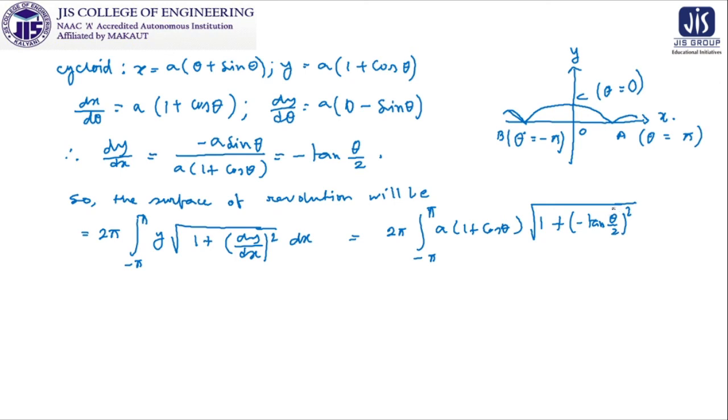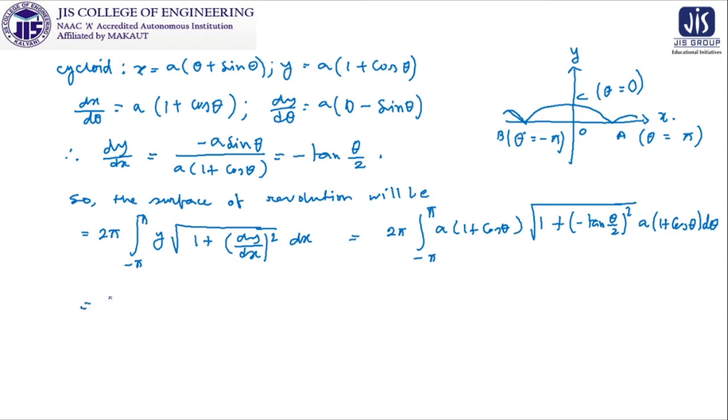Now dx will be, from this calculation, a into 1 plus cos theta d theta. So it is now a problem of limits 11 and 12.